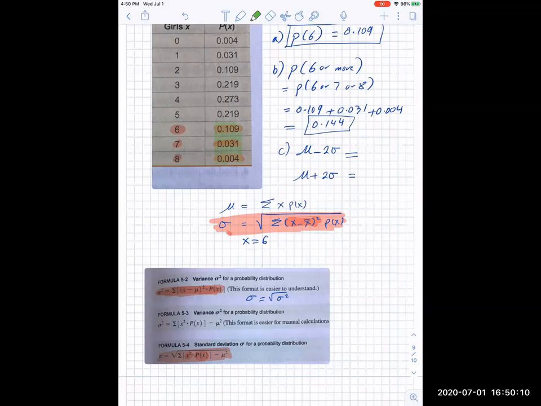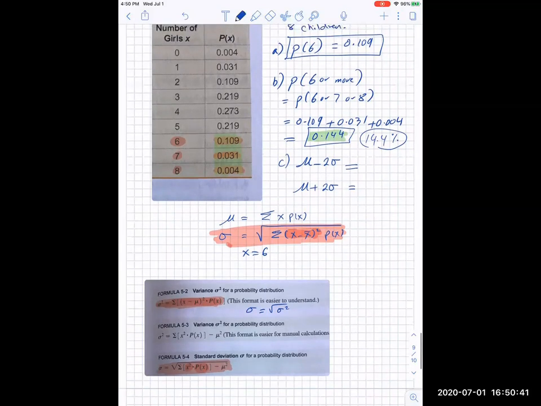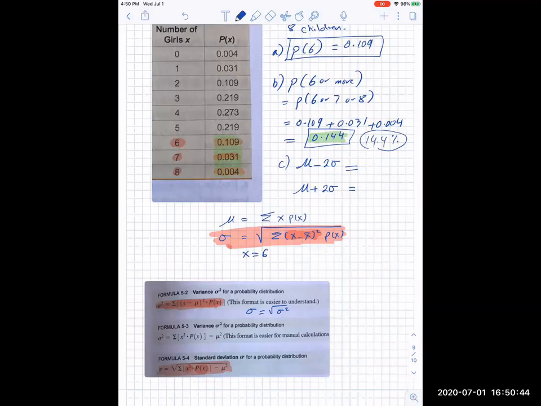But if it is more than 5%, then the 6 is not significant. So let's add them. I think we added them earlier, and we got 0.144, which is 14.4%, right? Which is more than 5%. So I can conclude right away that this value 6 is not significant because it has a high probability. Okay.